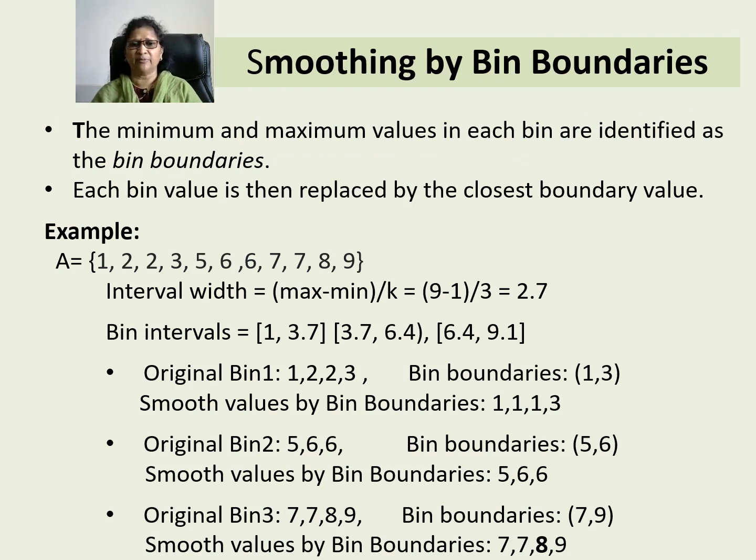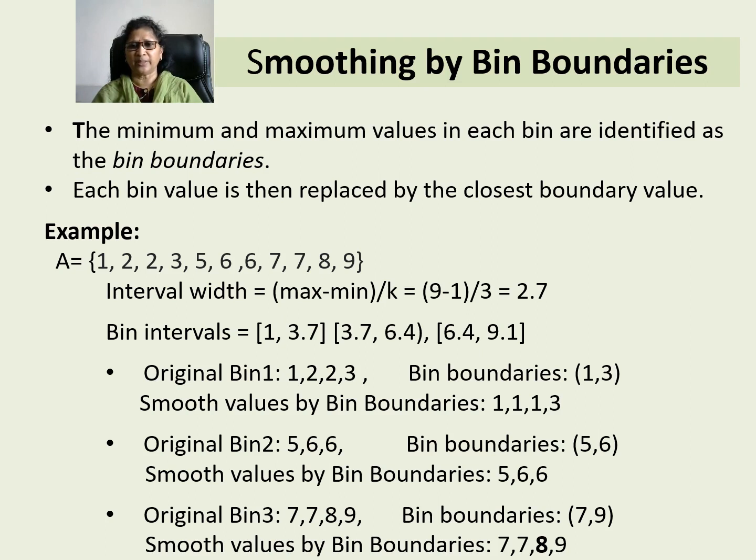Let us look at one example. We have set A with these values: 1, 2, 2, 3, 5, 6, 6, 7, 7, 8, 9. Minimum and maximum values of each bin are initially identified, and then each value in that bin is replaced with its closest boundary value. We need to define an interval width.